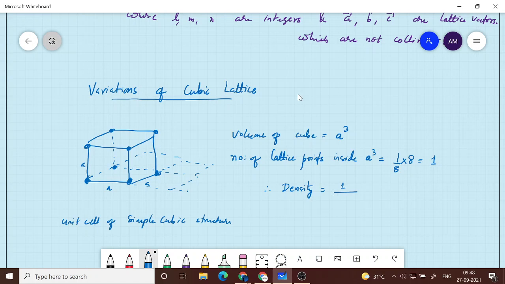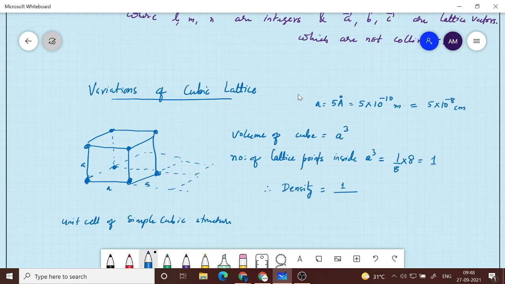A typical value of A is say 5 Angstrom, that is 5 into 10 raised to minus 10 meter, or 5 into 10 raised to minus 8 centimeter.